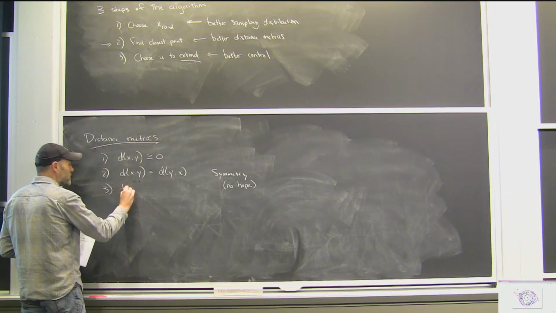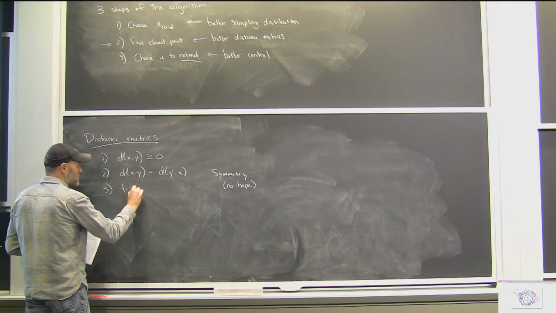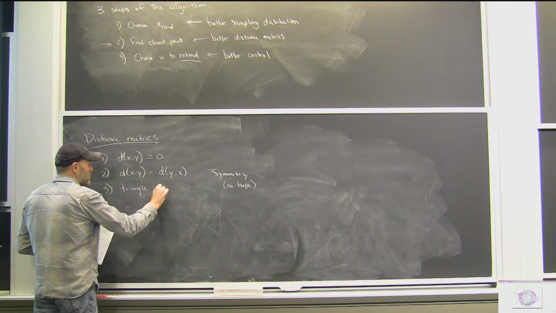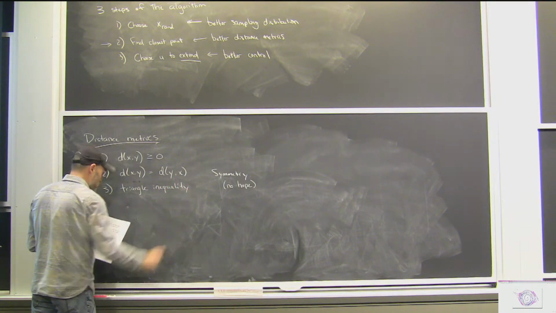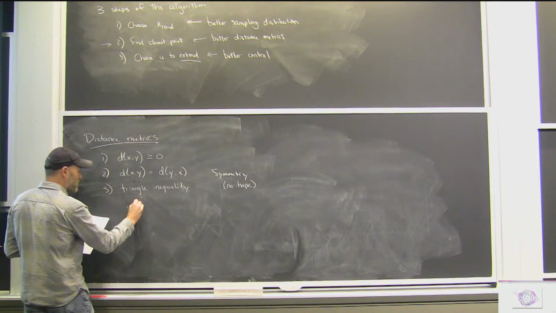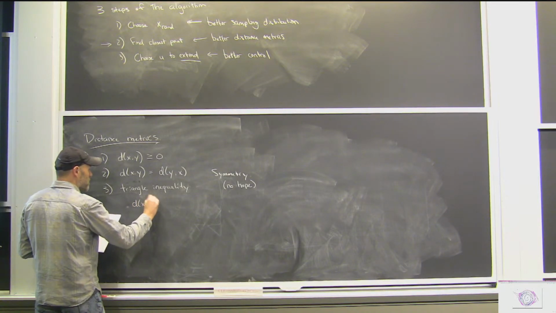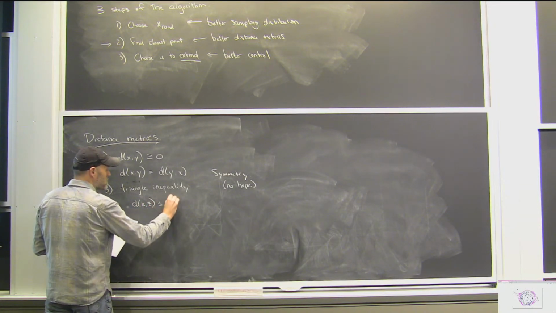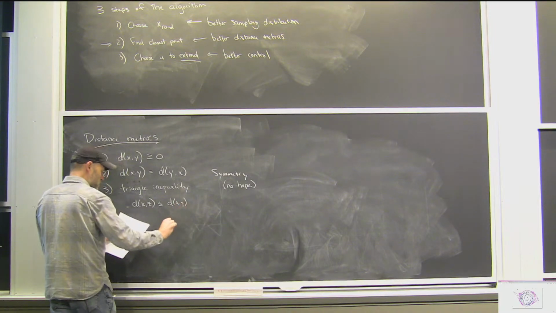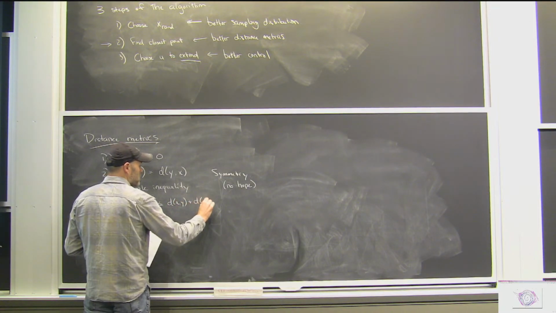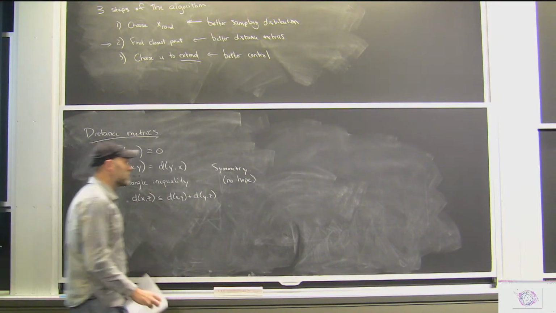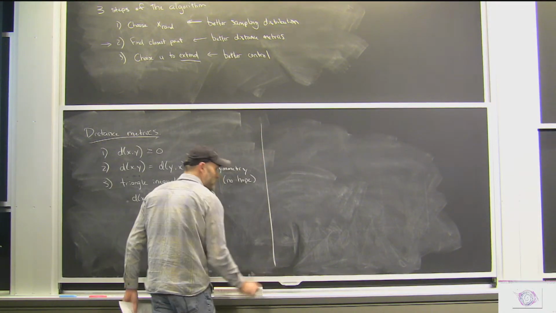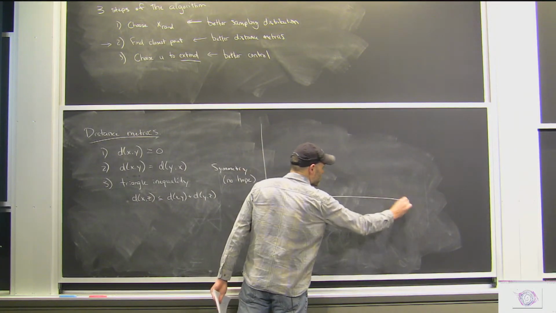Triangle inequalities are the last desirable thing. So, there's a lot to be potentially asked for in a distance metric.